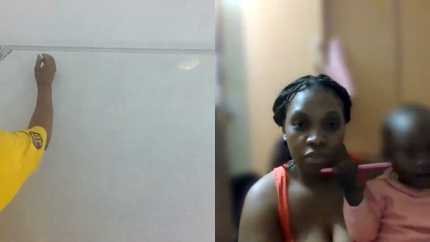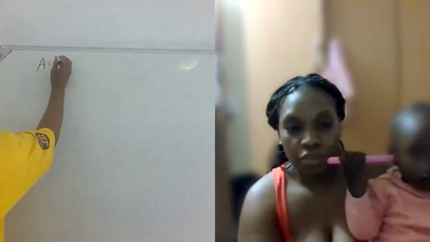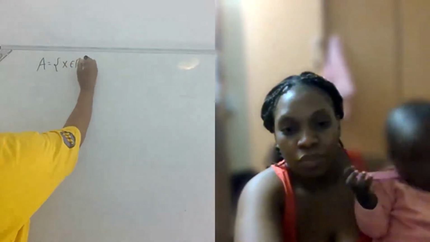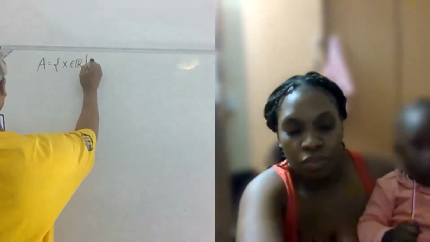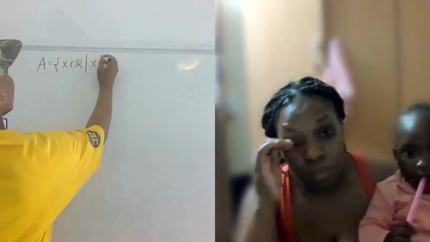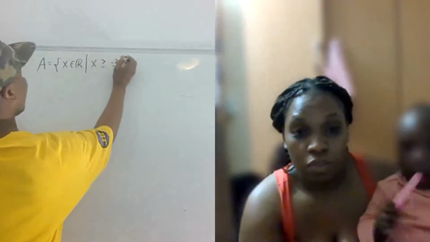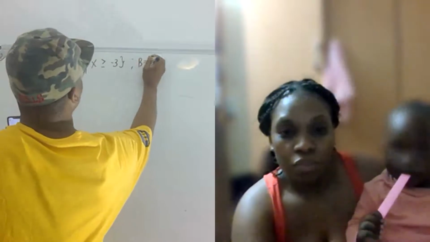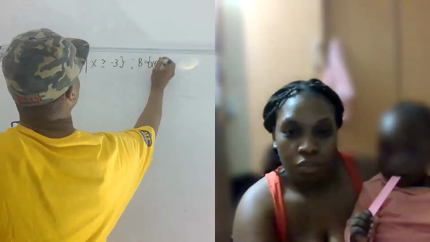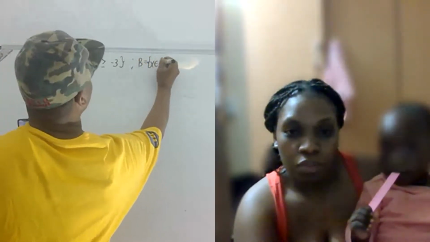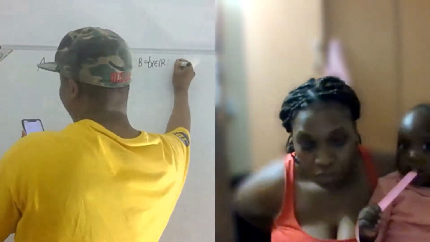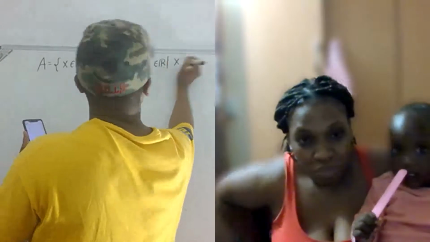They say A equal to x are element of real number, whereby these x are greater or equal to negative 3, and for B, x are element of real number, whereby these x are less than 5.